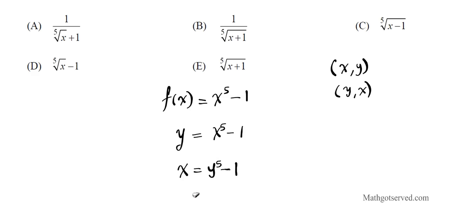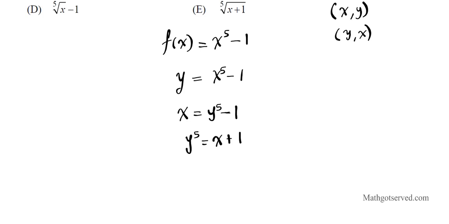Add 1 to both sides. You have y to the fifth equals x plus 1. And the inverse of the fifth power is the fifth root. So we take the fifth root of both sides, the fifth root of y to the fifth, and the fifth root of x plus 1. Okay?